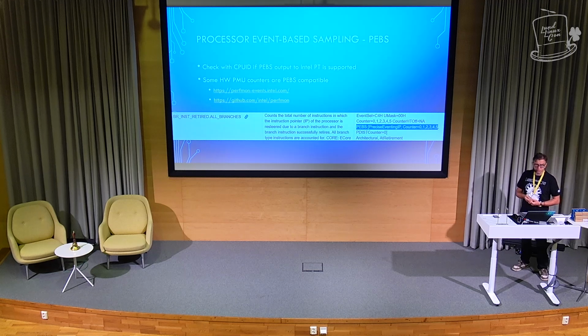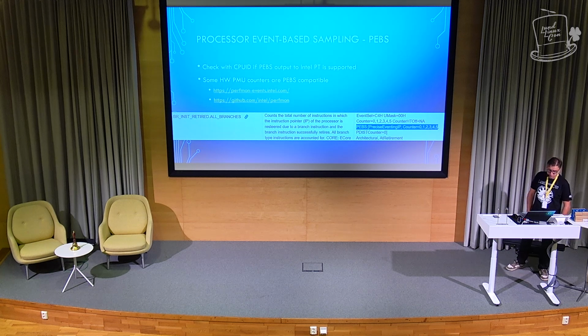So again, you have to use CPUID to see if PEBS is supported to output packets to the processor tracer. And maybe you have to use these links or the SDM, the Software Developer Manual, to see exactly how it can be done. Let's say we go to these links, and there you check the PMU events.